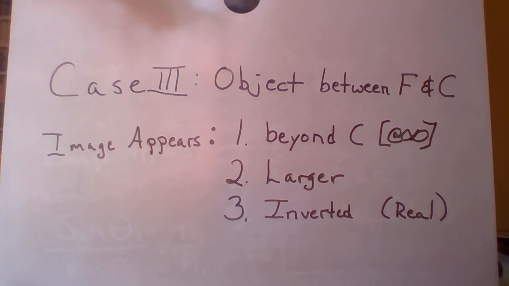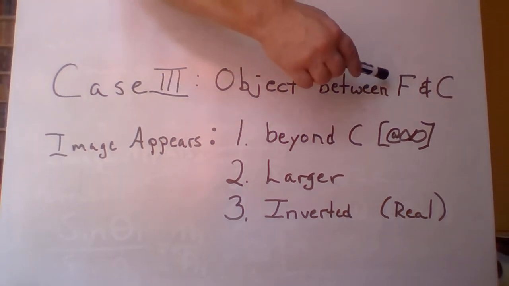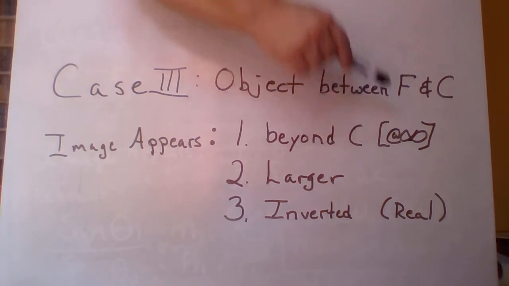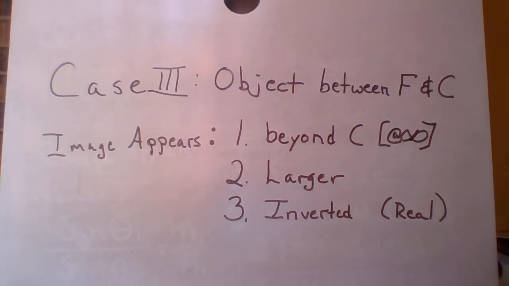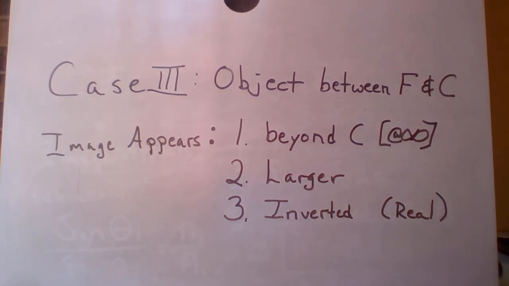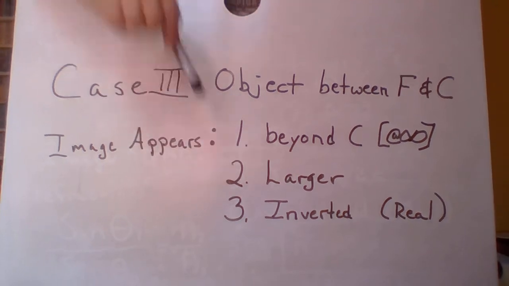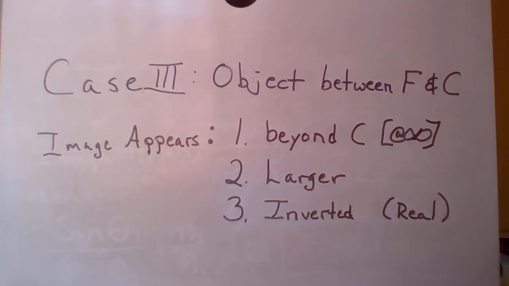The closer the object is to the focus point, the closer it will appear at infinity. Okay, infinity could be a couple of 100 meters if the mirror and the object are centimeters in distance. Okay, the image will always appear larger, and the image will always be inverted. Therefore, it's a real image.